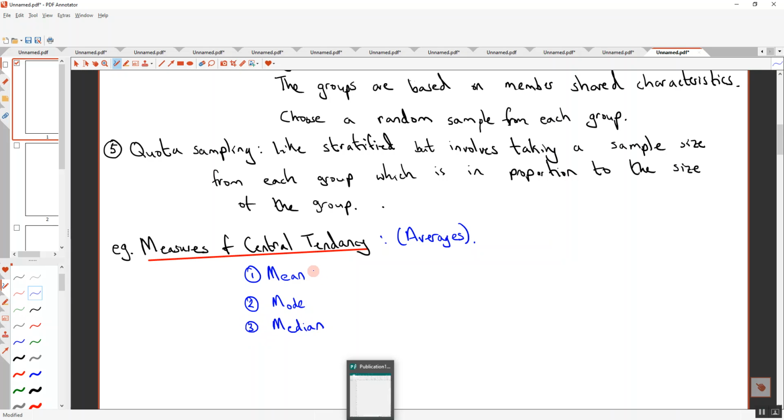And the mean is the only one that gets its own special symbol. This symbol represents the mean. It's a little x with a little line on top, like that.